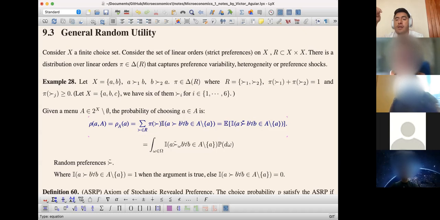Then the probability pi of the preference 1, which is Honda above Toyota, will be 50%, and the probability of choosing Toyota will be the fraction of you that pick Toyota over Honda. So this is what is written here. This pi over the preference is the fraction of individuals in the population that are governed by that given preference.